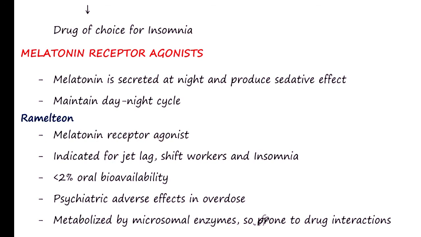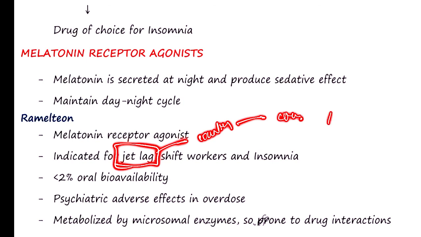It is indicated for jet lag. What is jet lag? Suppose a person is traveling from one country to another, for example from Nepal to the US. At that time, the day-night cycle gets reversed.